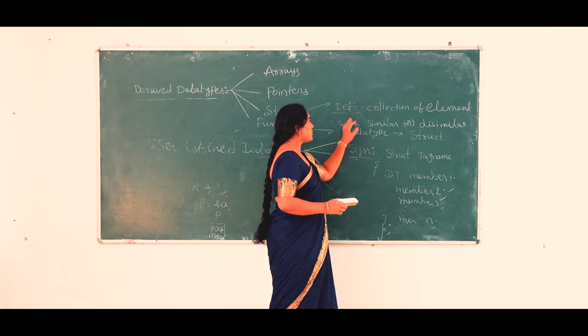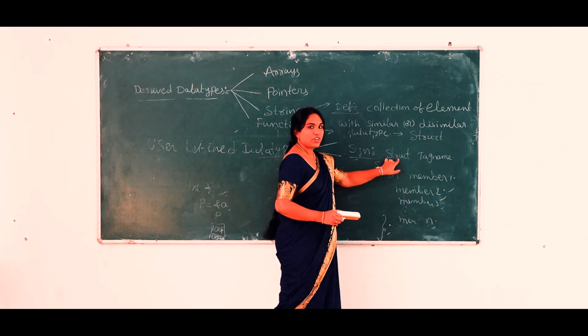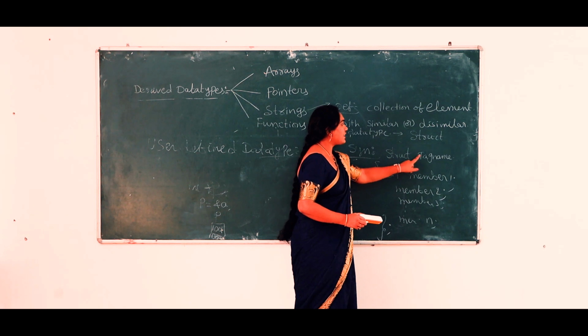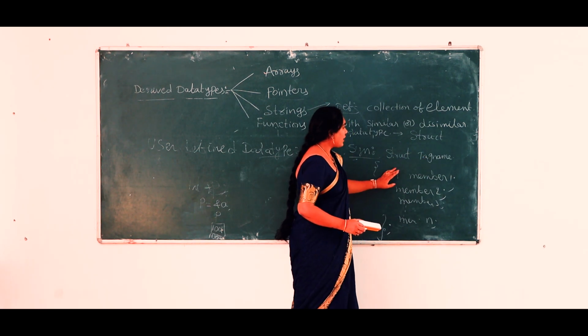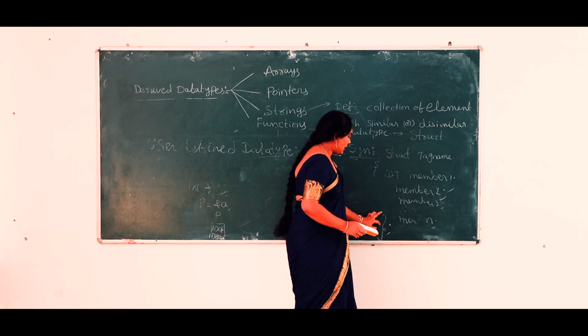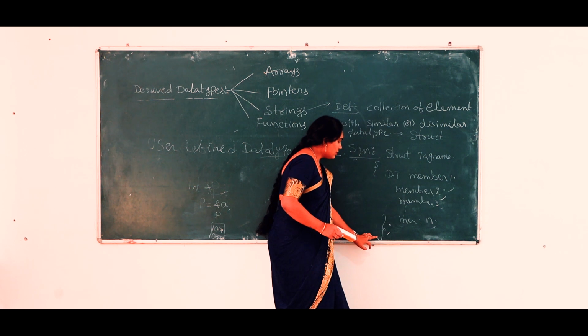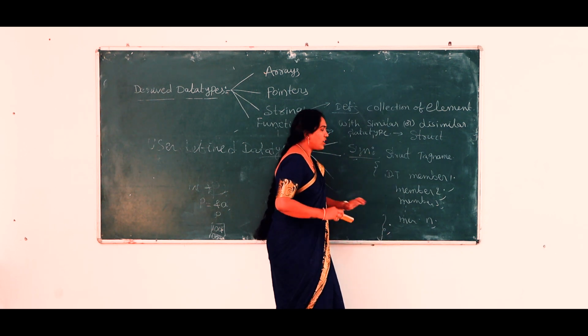This is the syntax of the structure. Here, the keyword we are using is the struct keyword, and you can give the tag name or structure name. And here, we are writing the members of this structure, and close the braces and give the semicolon. This is the syntax of the structure.